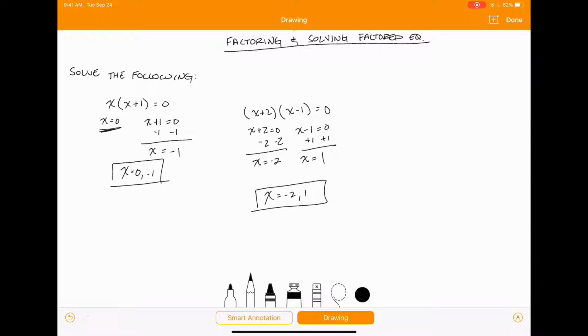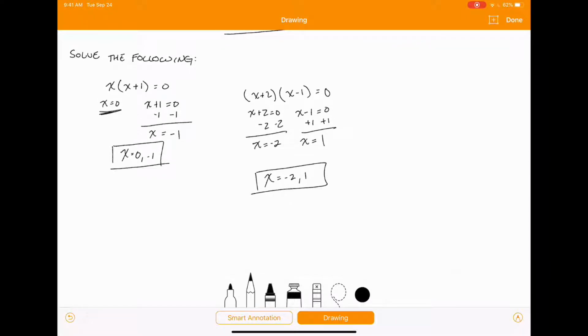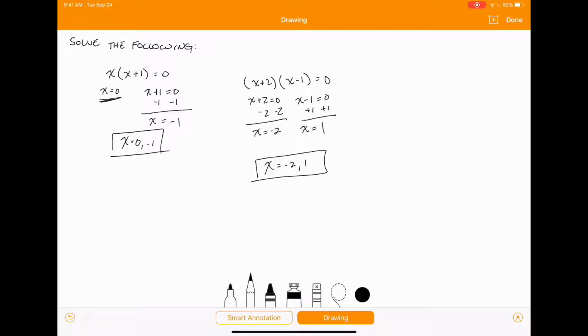All right. Now, if you were to get something that wasn't quite separated into two parts yet, for example, if we had x squared minus 4x equals 0, and you need to solve for x, one of the best things you can do is try to break it down into this form up here, where we've got something on the outside and then something that you're distributing to.